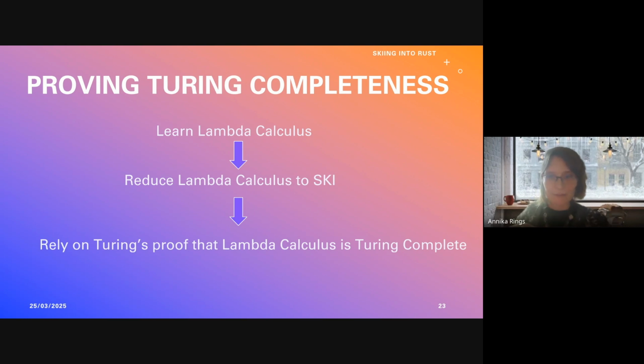So you find a representation for everything that you can express in the lambda calculus. You find a representation in the SKI calculus. And by that, you have proven that the SKI system is at least as powerful as the lambda calculus. And then you are actually finished, because Turing has already proven that lambda calculus is Turing complete. So by extension, the SKI system is also Turing complete.